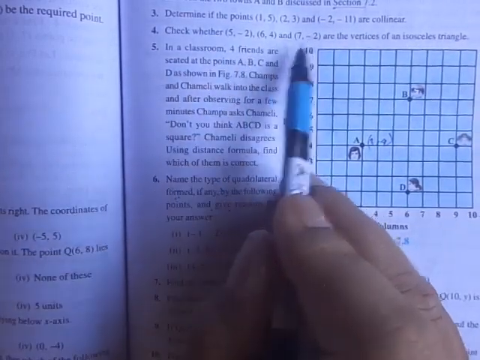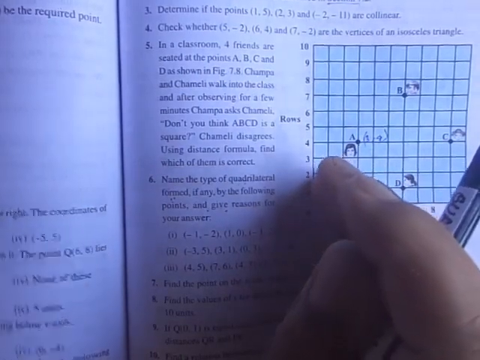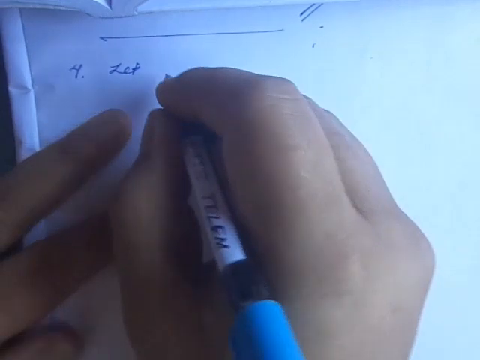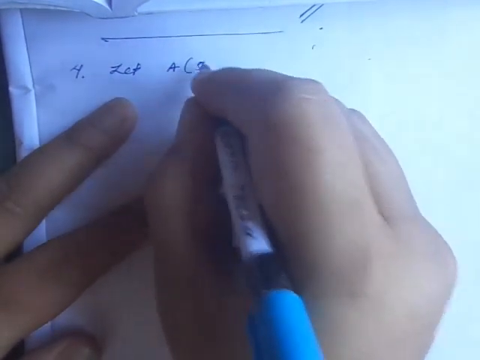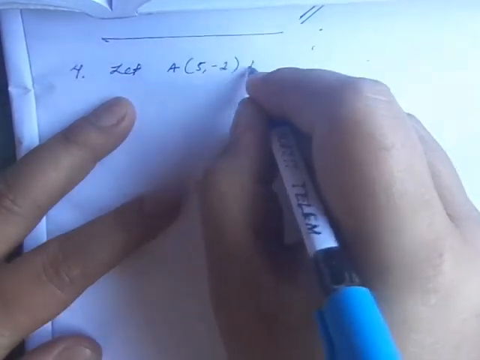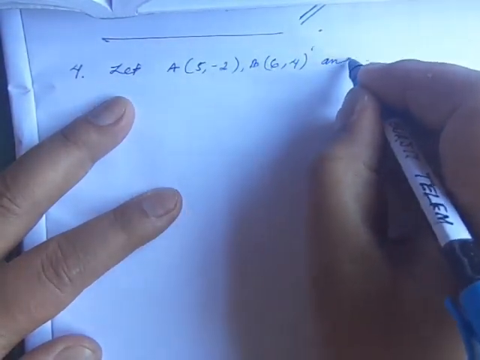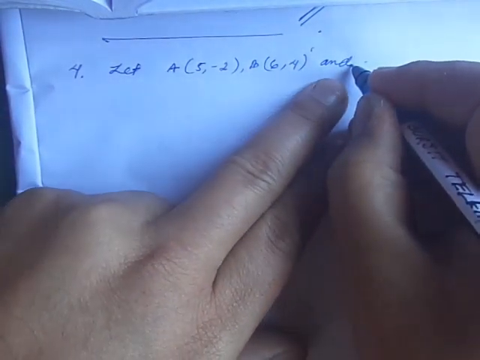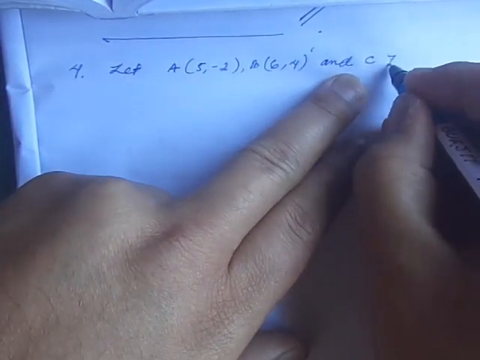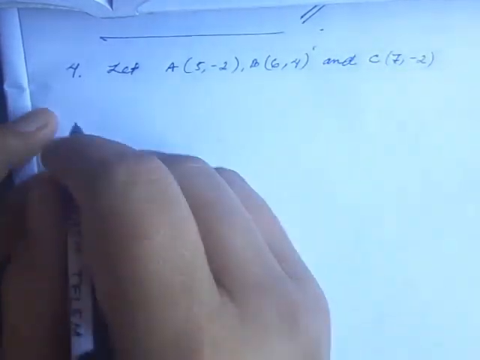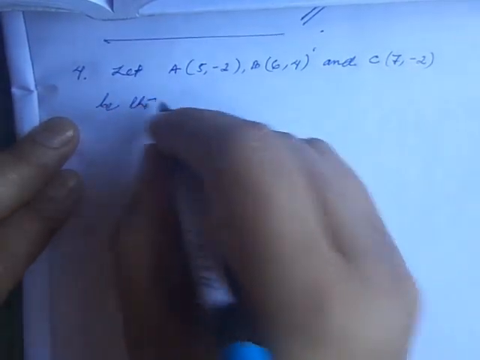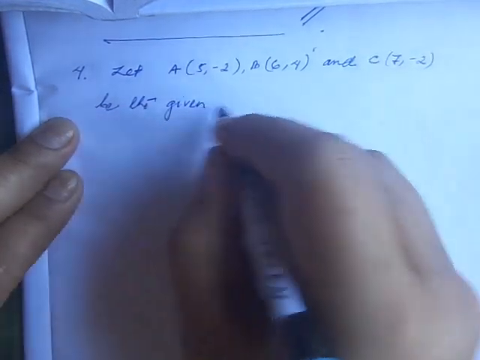So these 3 given points, let's say A(5, -2), B(6, 4) and C(7, -2) be the given points.